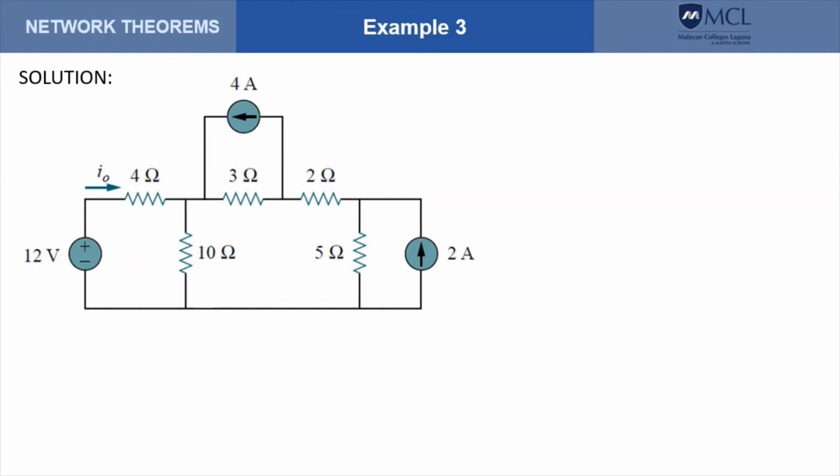Okay, so the first step is to identify the part of the circuit that you want to convert into a Thevenin's equivalent. It should be complicated enough to warrant a conversion.